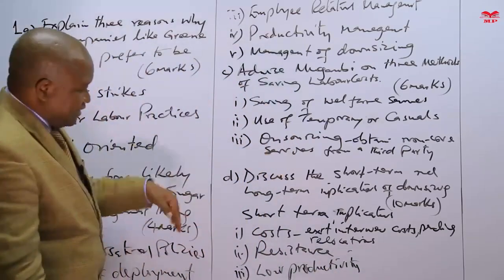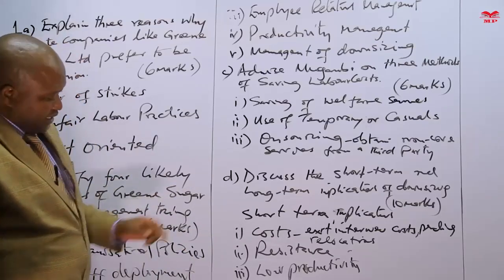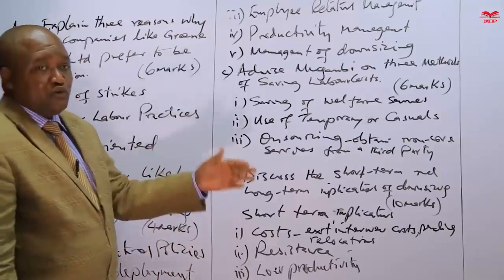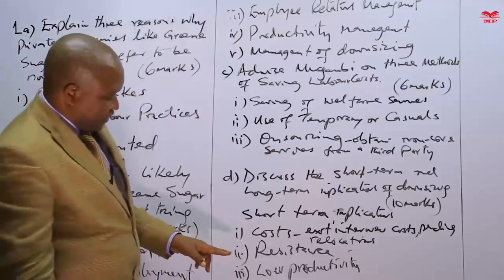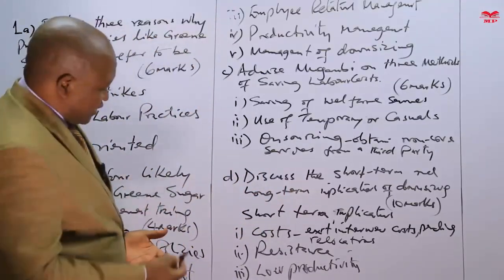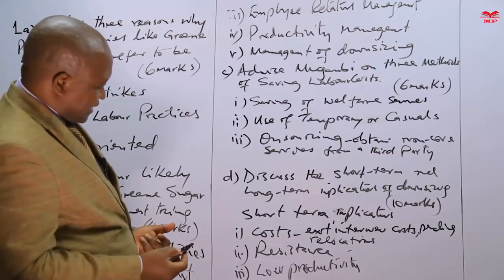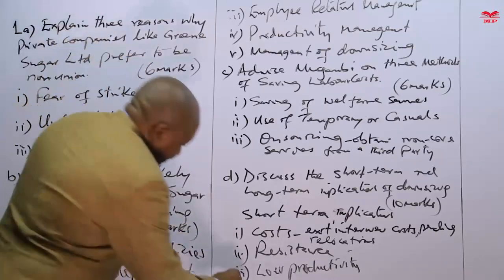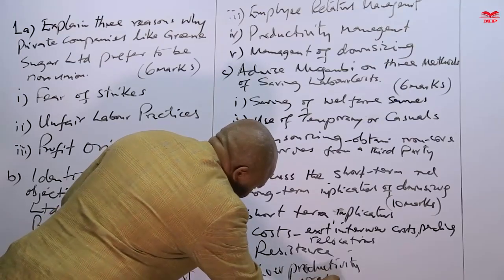In the intervening period, when an organization is carrying out a downsizing process, there will be a lot of engagements between management and workers, between workers and other employees, and so on. Within that period there will be low productivity because much of the interest will go into the process of negotiations for this downsizing, and an organization may not have a lot of output from workers. Fourthly, low morale from employees.